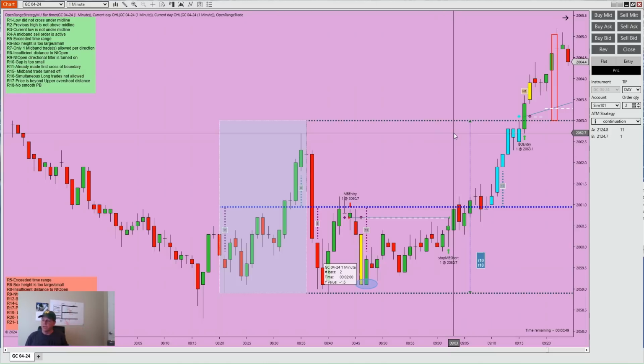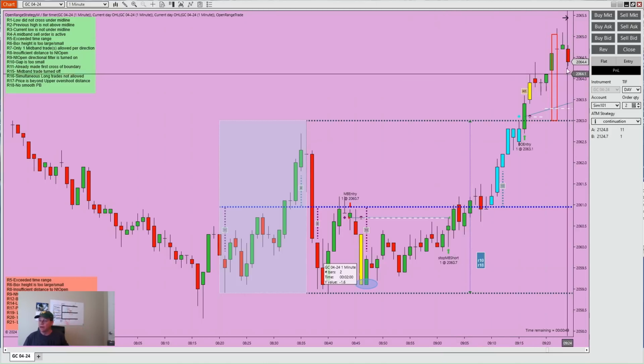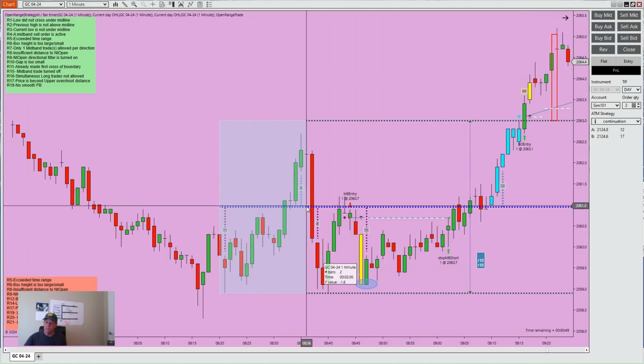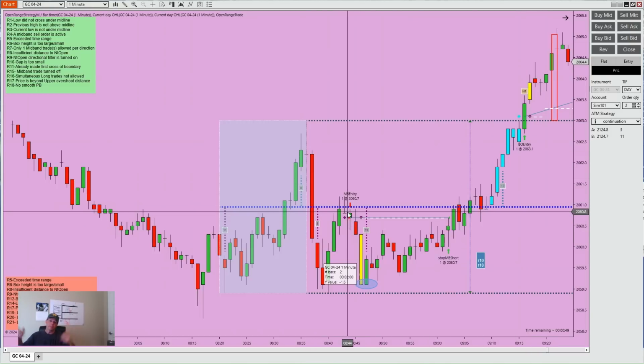So it created our gap box that tells us these trades are over. Okay, so that's your late break trade. And technically it's one tick from a crossover. It literally is one tick from a crossover. And you got a midband right here.